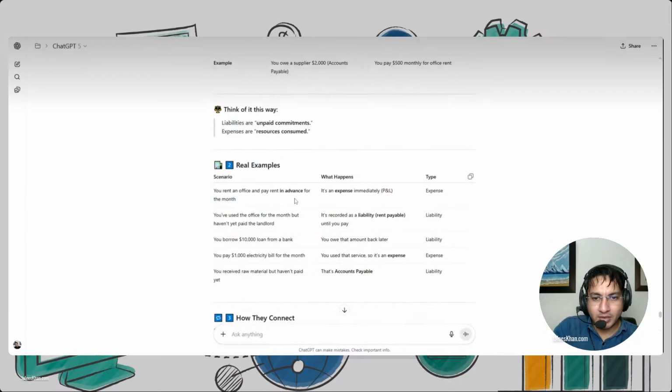Okay, but I have to clear my ownership understanding about it. You rent an office and pay rent in advance for the month. It's the expense immediately, P&L expense. You have used the office for a month but haven't yet paid the landlord. It's recorded as liability, rent payable, until you pay.